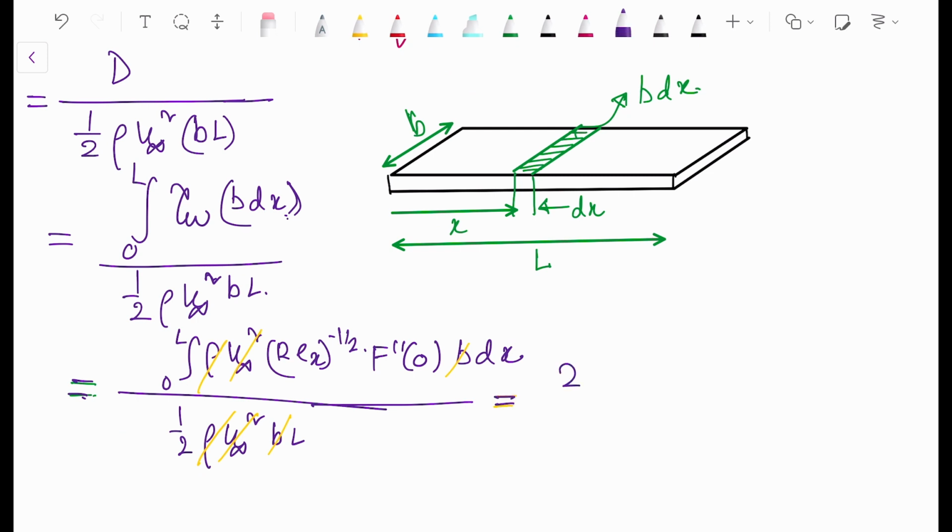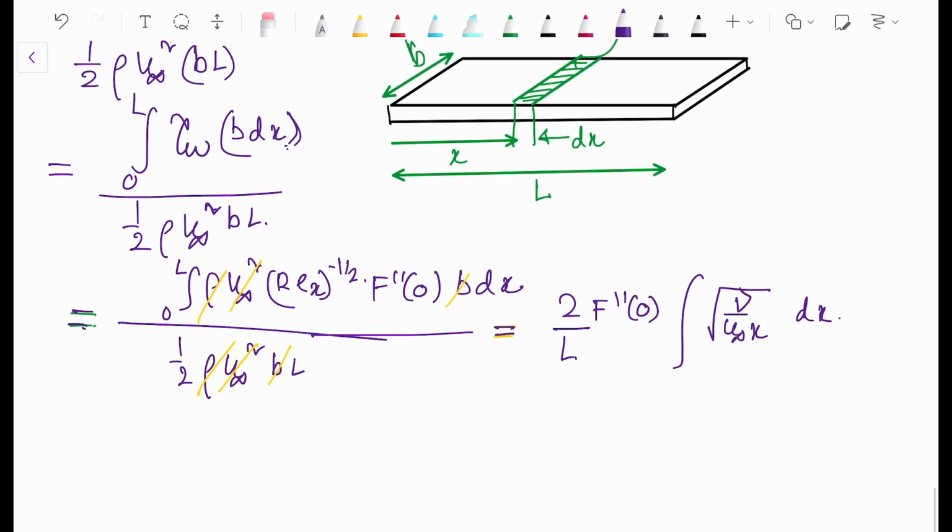So this will be 2 by l, and f double dash 0 will be taken out, and Rex to the power half will be nu by u infinity x dx.